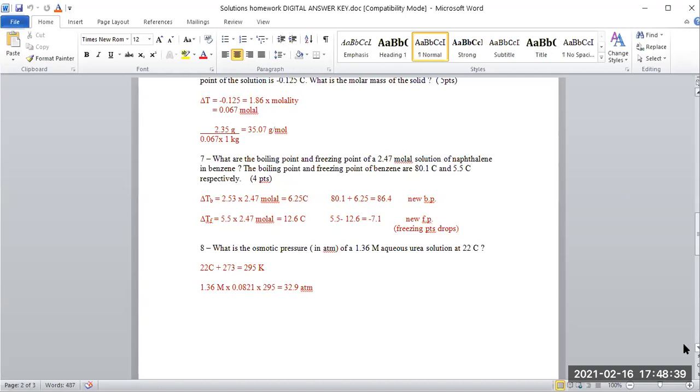Therefore, 1.36 molar, your 0.0821, which is your R value that we also used in traditional ideal gas laws, and 295 as your temperature corrected to Kelvin, gives you 32.9 atmospheres. If you rounded it and called it 33, that was fine.